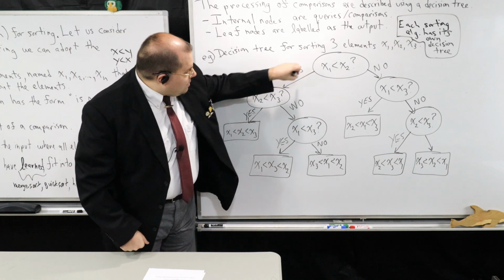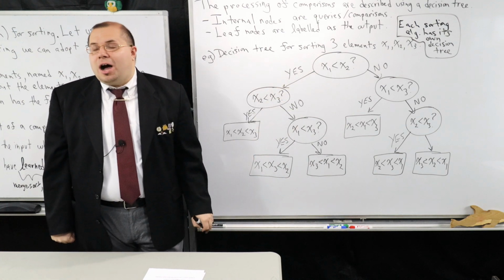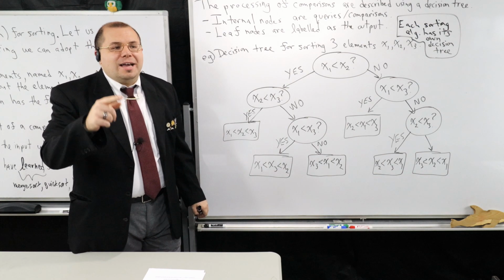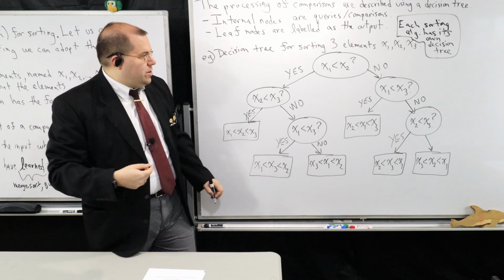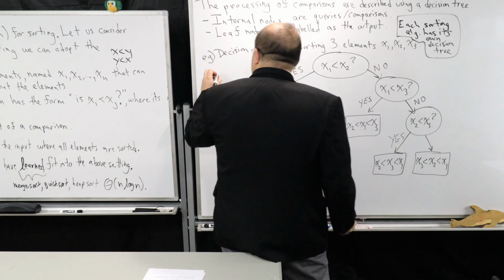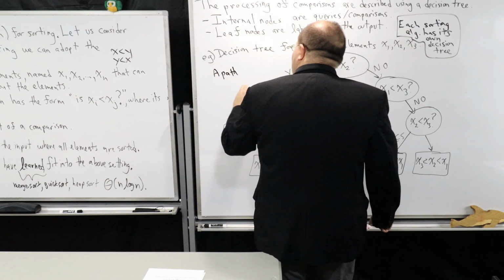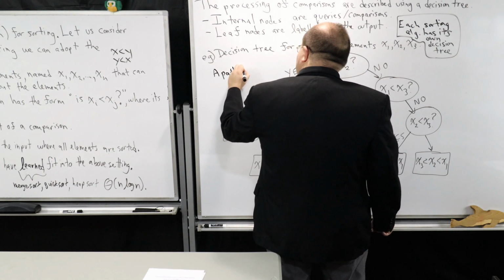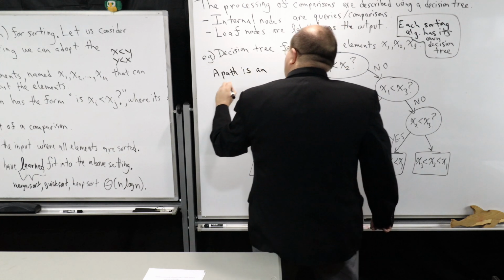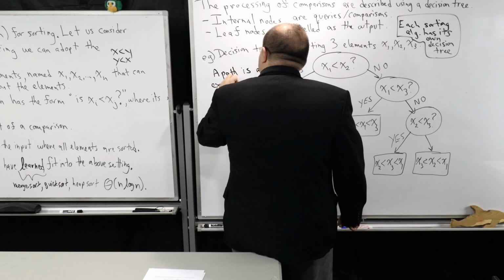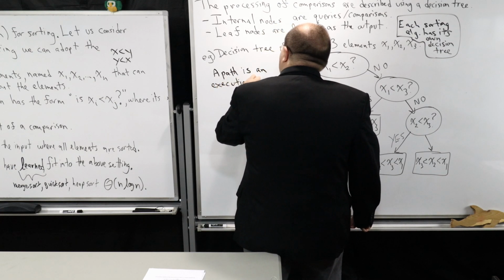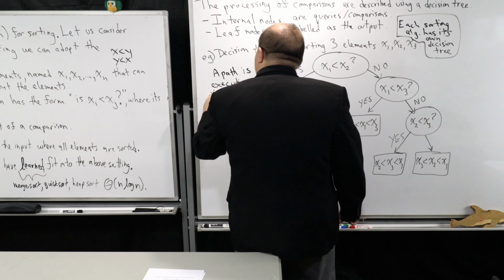So one path of this is actually the execution of the algorithm, and it's actually listing out the comparisons for you. So a path is an execution of the sorting algorithm.